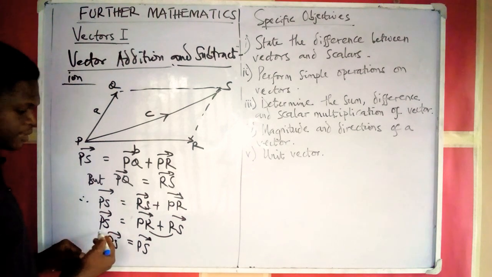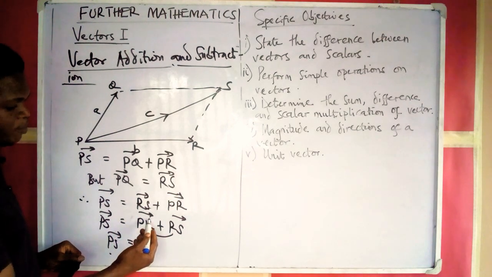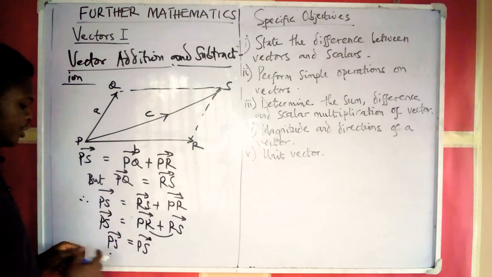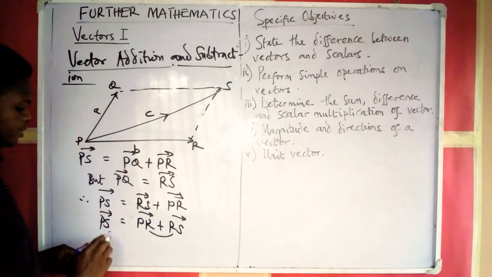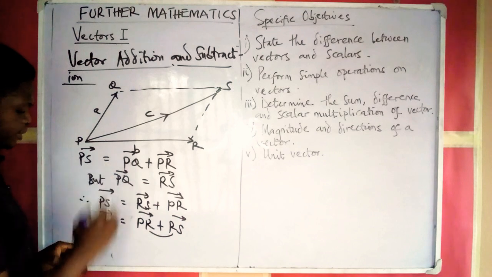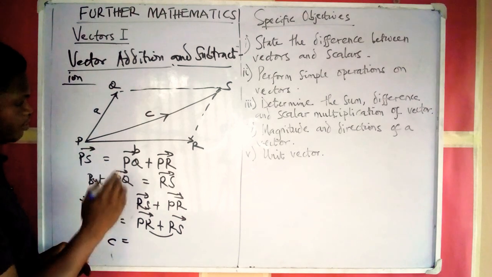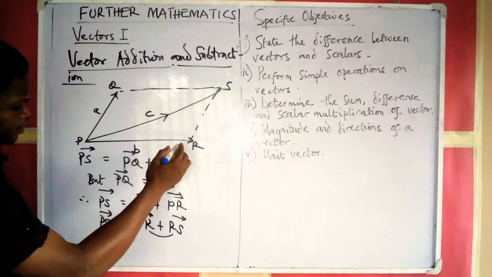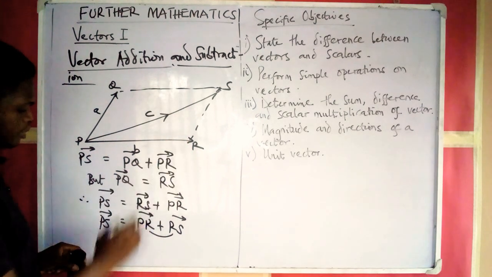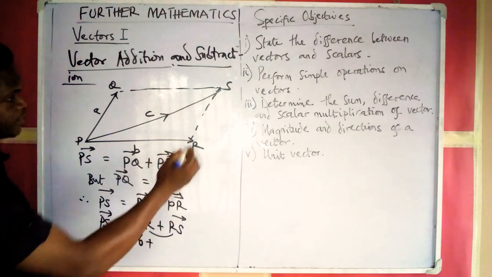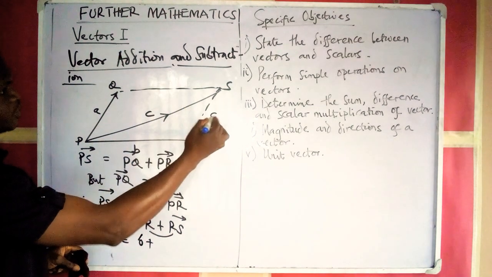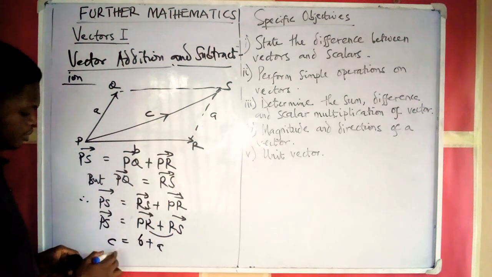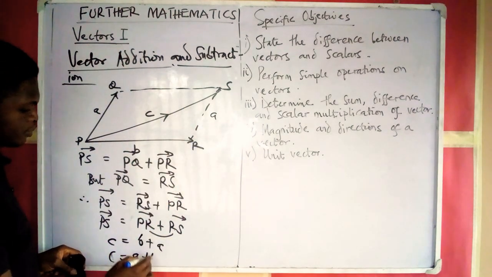That is, PS can as well be obtained from what? PR plus what? RS. So in that case, PS, which is C, can be obtained from PR, which is B now, plus RS, because this side is parallel to this side, so here is also A. Therefore, C is equal to A plus what?